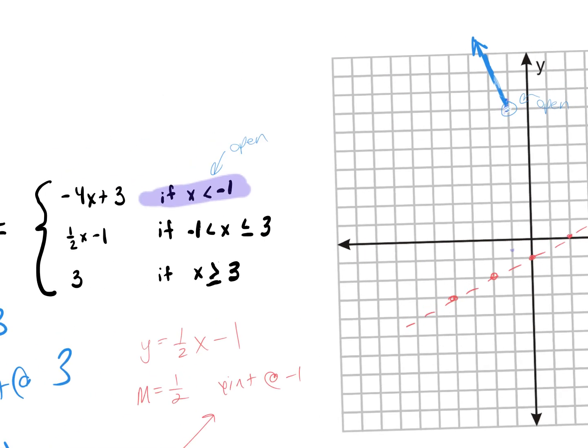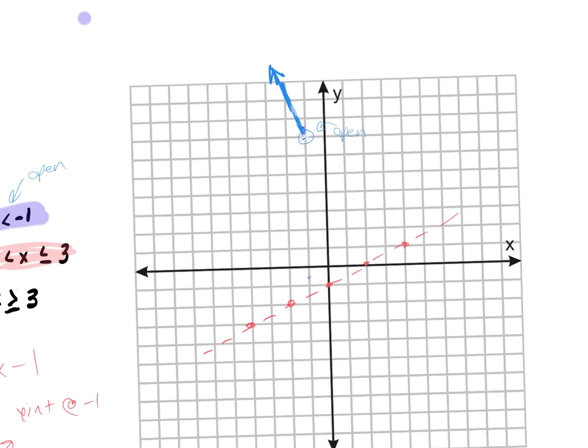Okay, so now I'm going to look at my parameters. I'm going to look at my boundary lines. Where am I looking here? Between what? -1 and 3 on the x-axis. So here's where x is -1, and here's where x is 3. Guys, where is the x in this inequality?